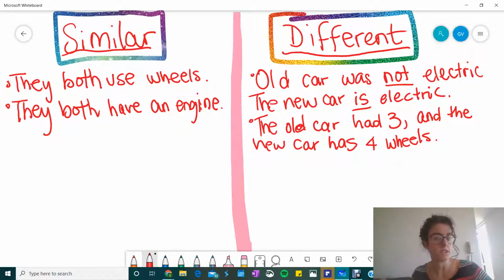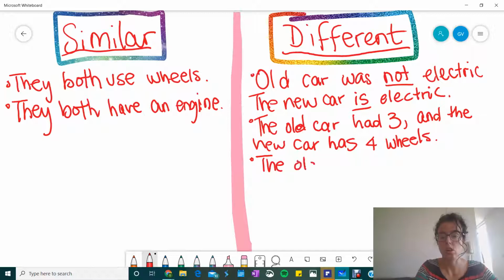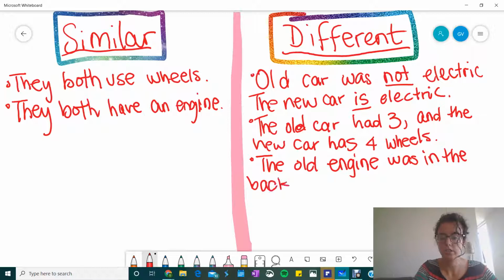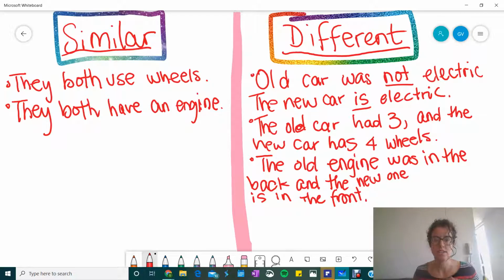But what is the difference of their engines? The old engine was in the back of the car, and the new one is in the front.